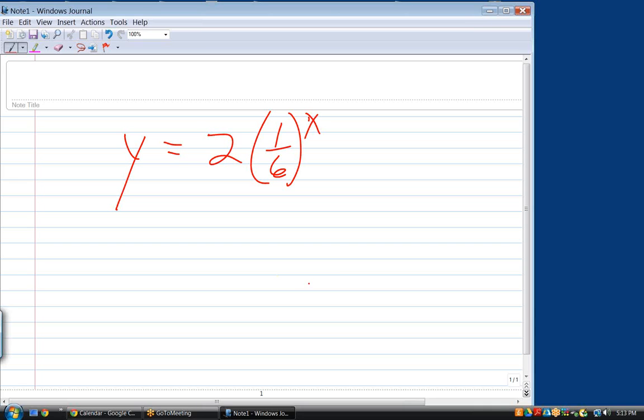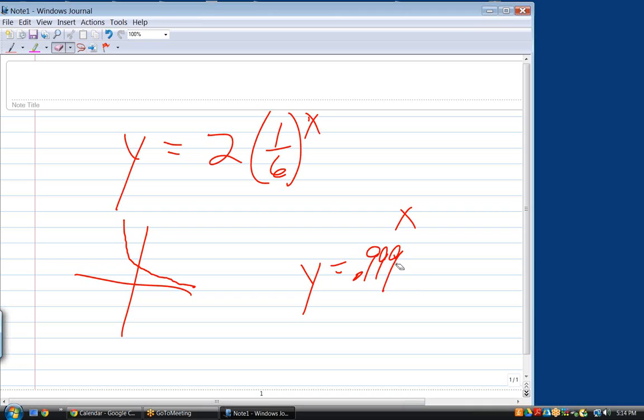I mean, even if I had y equal 0.999 to the x, that graph is going to decay, like something like that. It'll decay very slowly, but it will still get smaller and smaller the larger that x gets.